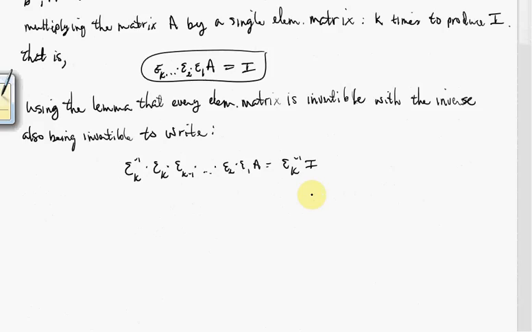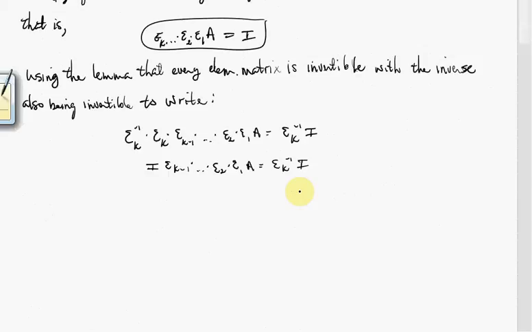Because a matrix times its inverse leaves me the identity, this leaves the identity times E sub k minus 1 times, and so on, times E sub 2 times E sub 1 times A. That's equal to E sub k, the inverse of that, times the identity.